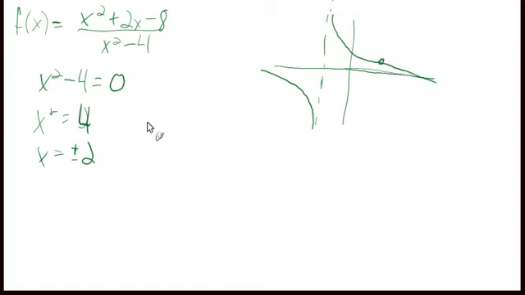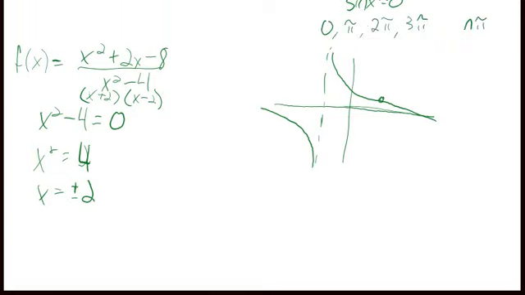So let's factor this guy, x plus 2, x minus 2. Alright, and now this guy up here, apparently there's some common factors, and we're getting a hole rather than a vertical asymptote. So ignore this, just giving myself more room to work up here.